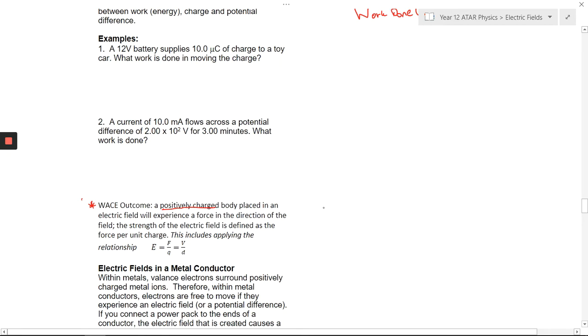So what is this force that it might feel? The electric field strength is similar to the gravitational field strength. Gravitational field strength was the force per mass, and if you rearrange that formula, you get your force due to gravity is your mass times your gravitational acceleration. I'll leave the a out.